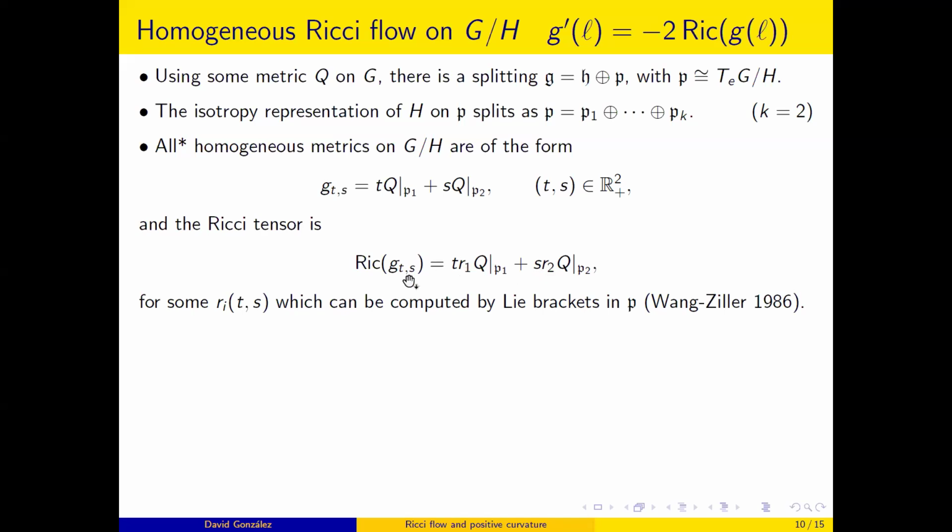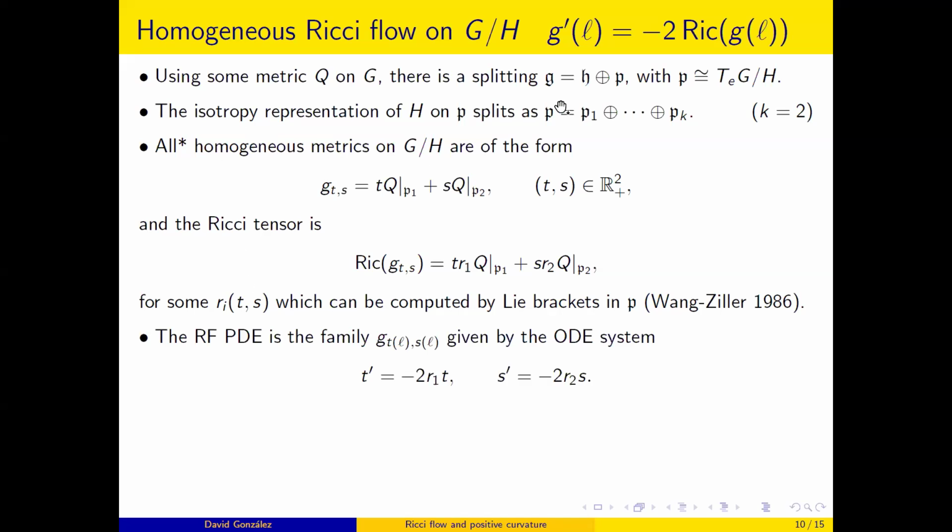Both depend on the parameters T and S, so I didn't write it here, but they depend on T and S. And these are numbers that you can compute using the Lie bracket in the group. In fact, we have formulas. The first place these formulas were written is in this paper by Wang and Ziller. So these are numbers that you can compute.